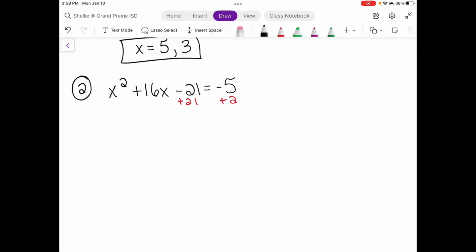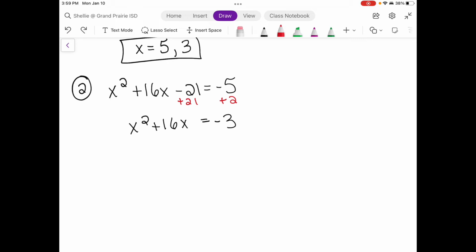That way, when I simplify, I have x squared plus 16x equals 16. Now my constant is isolated. I also want to verify that my coefficient of x squared is 1, and it is. So we're set there as well.